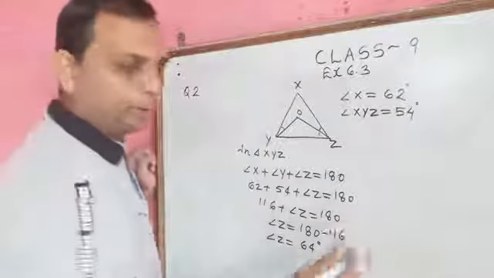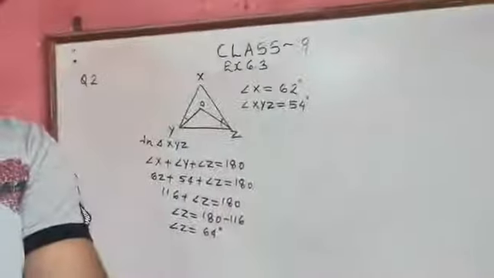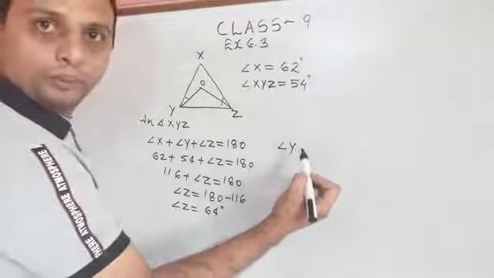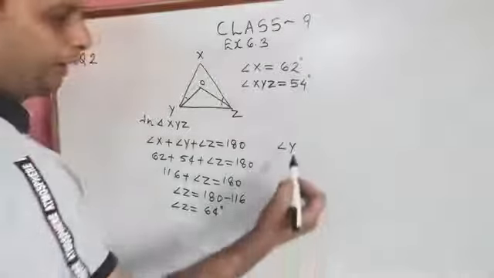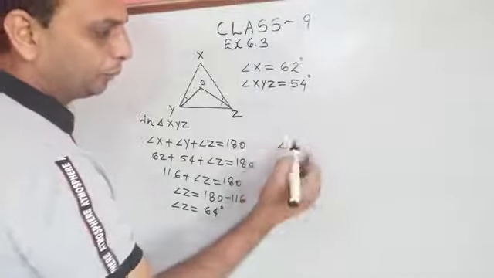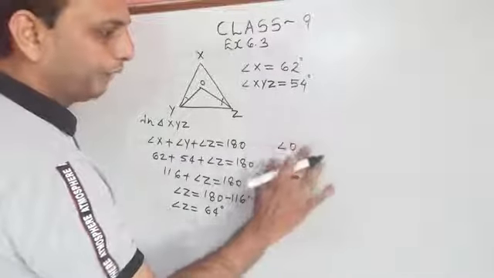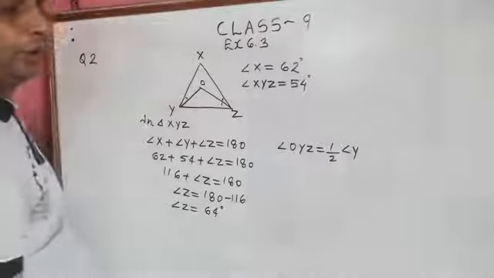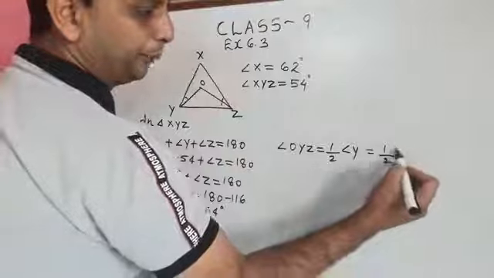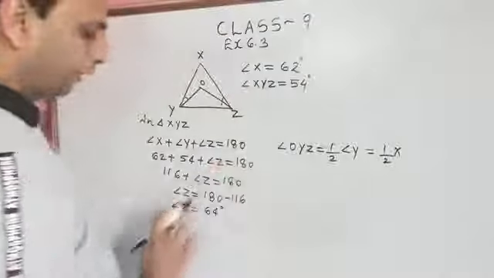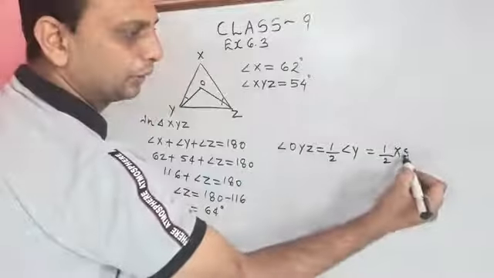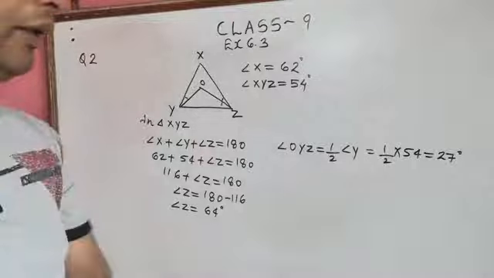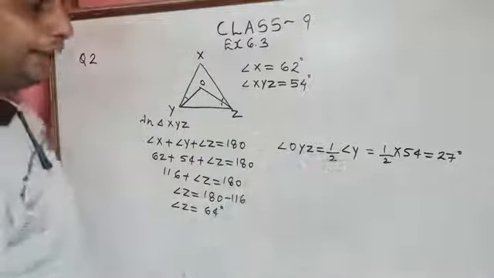So angle OYZ will be equal to half of angle Y. So it will be 1 by 2 multiplied by Y, which is given as 54. It is equal to 27 degrees, because it is bisecting the angle Y.